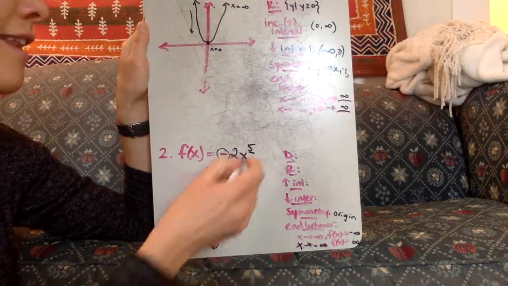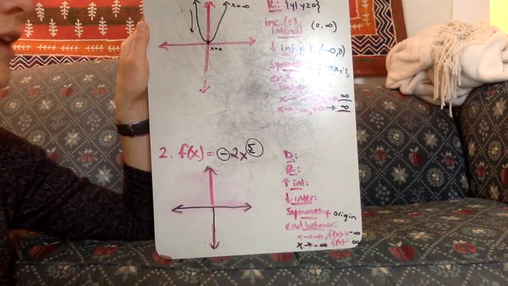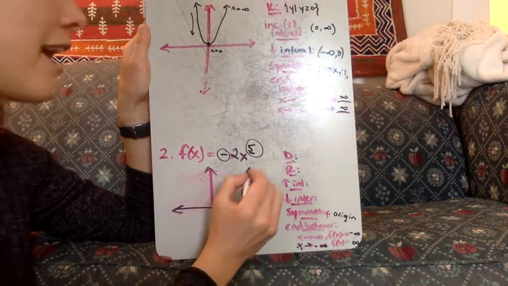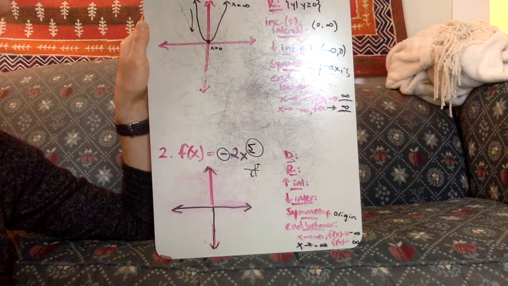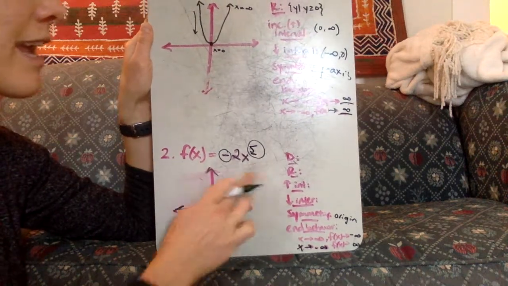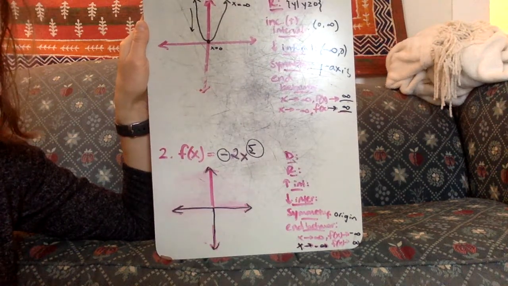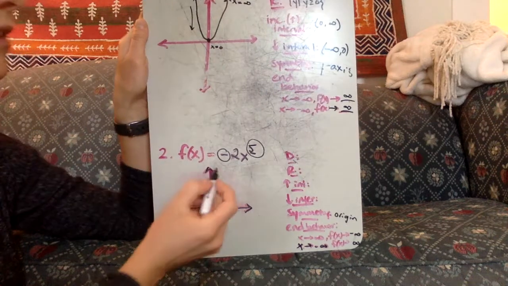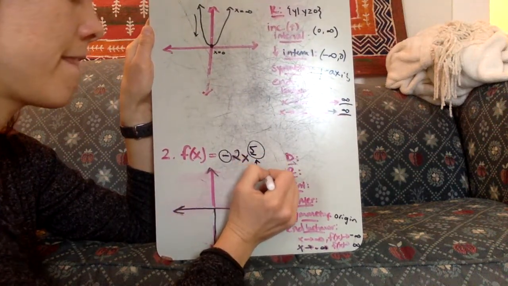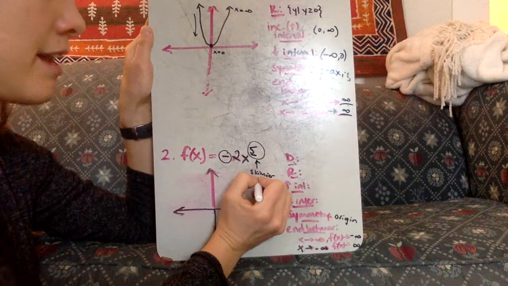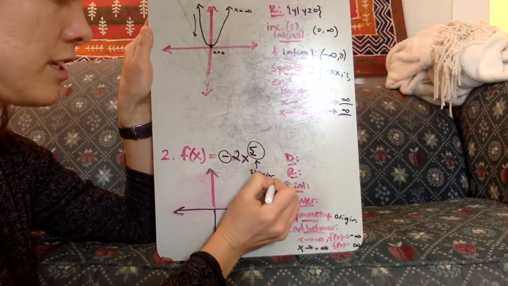So again, because it's an odd power, I know it's going to have that kind of S shape like that. Because it's a quintic and not a cubic, I know it's going to be skinnier than x cubed.